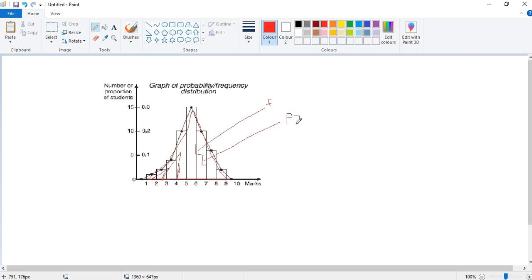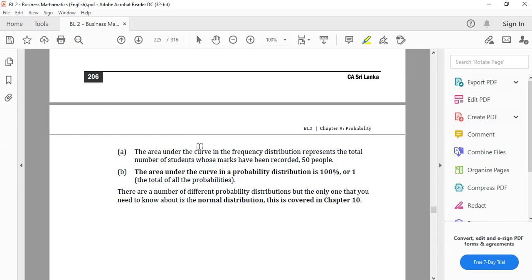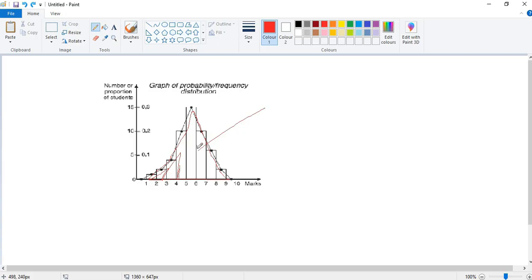So two conclusions we can form from a histogram of a probability distribution curve. Area under the curve, memorize this. So area under the graph will be what?